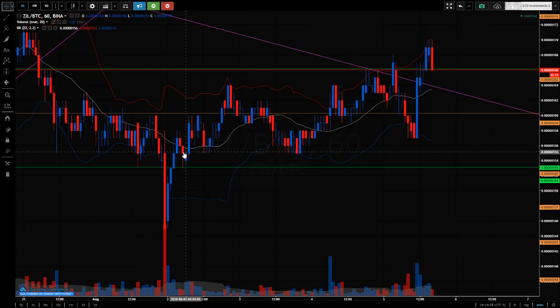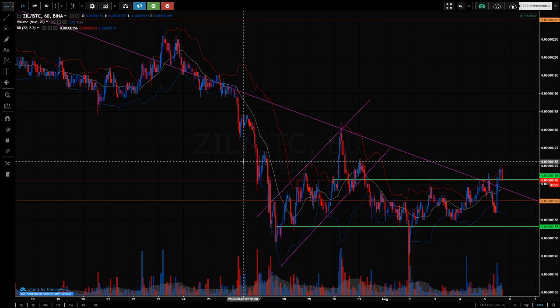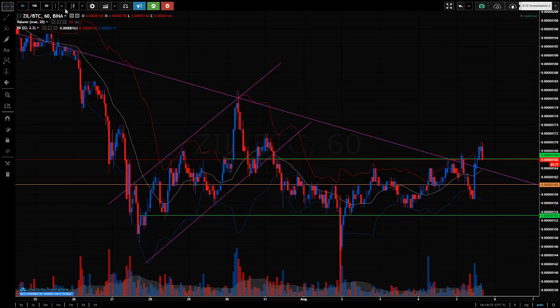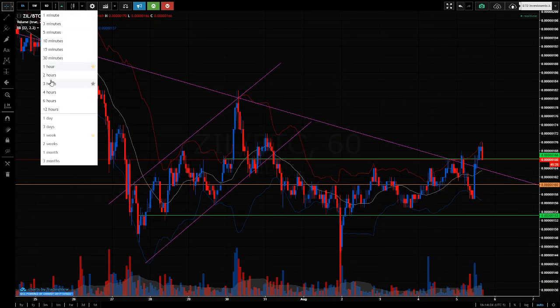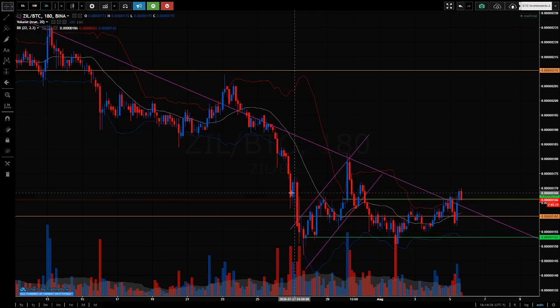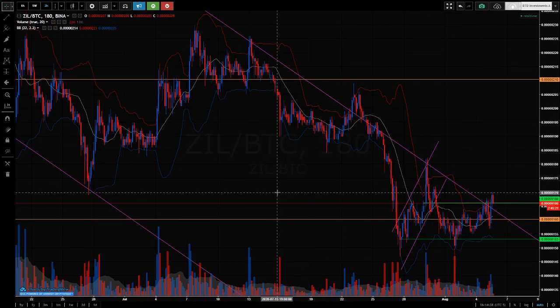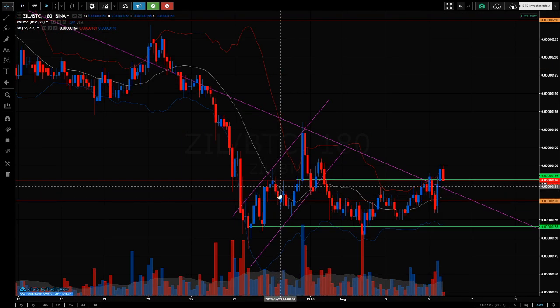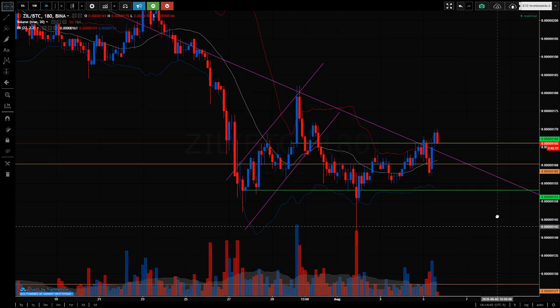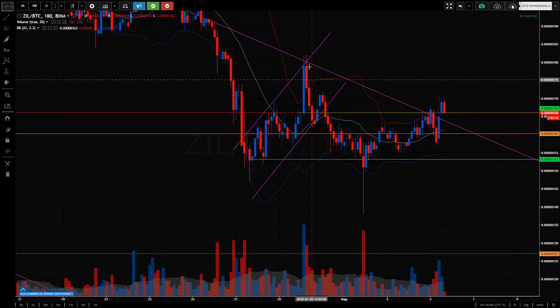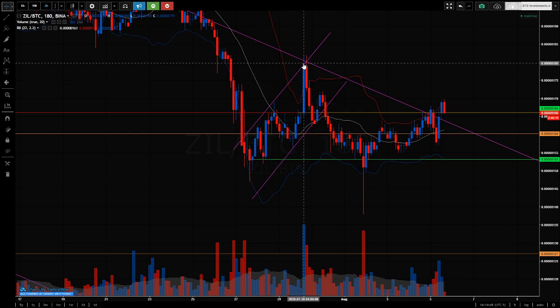If we have a look at the hourly bars, might just go to 3-hour bars. So this was the wick that it left when it pushed up from the initial wash of support. And this is what generally happens.